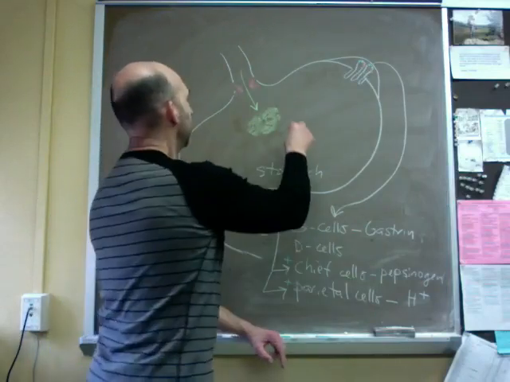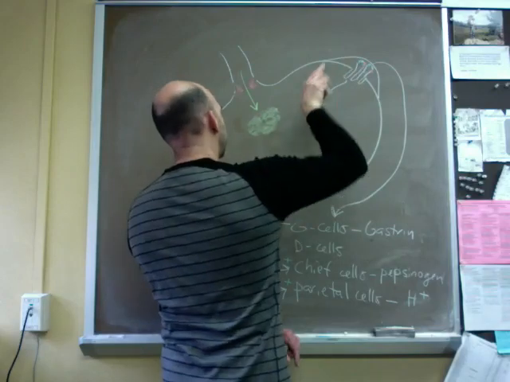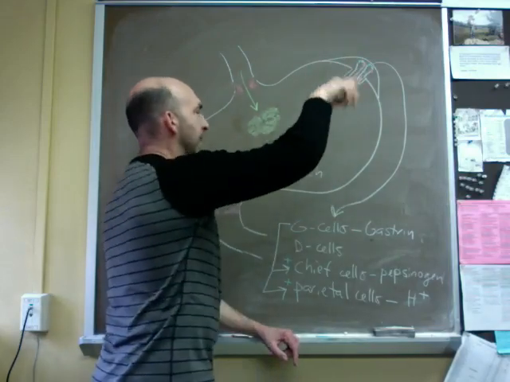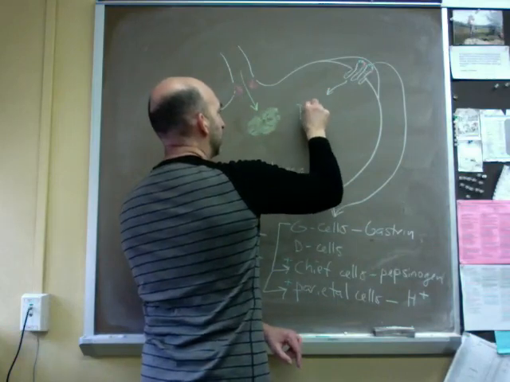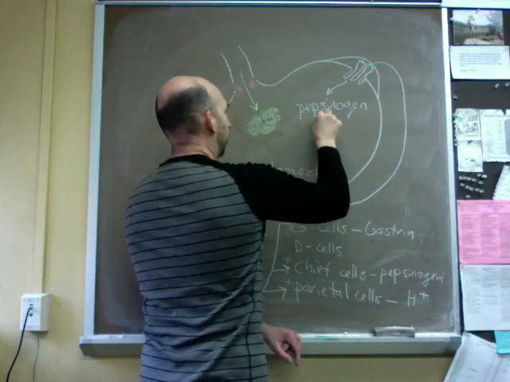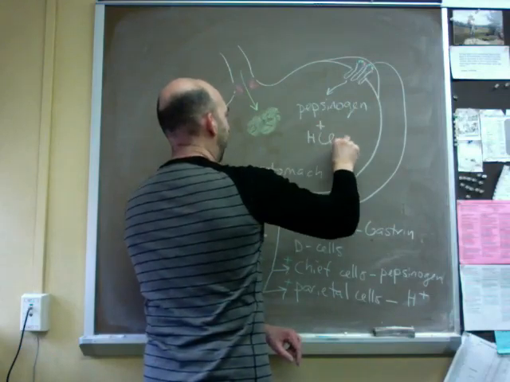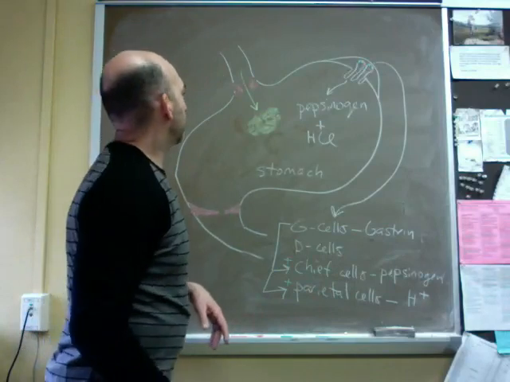So we get pepsinogen, coming out of here. Remember, the gastrin is going into the bloodstream. It's not coming into the lumen here. But the pepsinogen is, and it's actually hydrochloric acid because it's secreted, the hydrogen ion comes with a chloride ion, so it's hydrochloric acid.